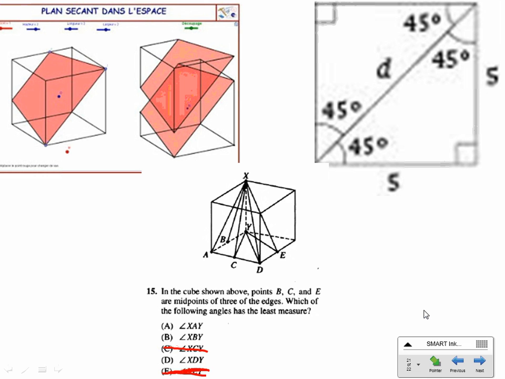Okay, so let's look at what we have left. We have XAY, and we also have XBY.